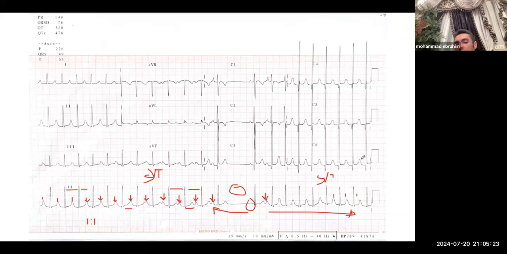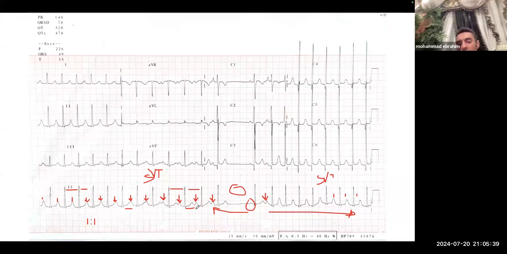With flutter usually there are more P's than QRS's. In this case we said there's a 1-to-1 relationship so it's not flutter. So it's AFib or atrial tachycardia. With AFib you don't see P waves anyway, but here you see P waves, they are there but different than sinus, so it's an atrial tachycardia.